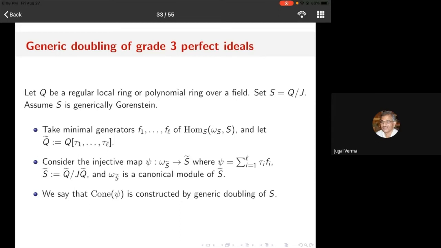We attach that many variables to the ring Q, and take a bigger ring, and in that ring we take psi to be the combination of tau i and Fi. This psi is an injective map, and then we can talk about the mapping cone construction. Such a mapping cone construction, we call it obtained by generic doubling.